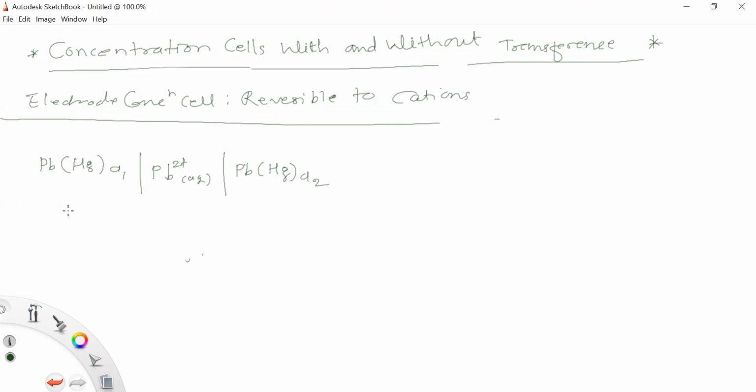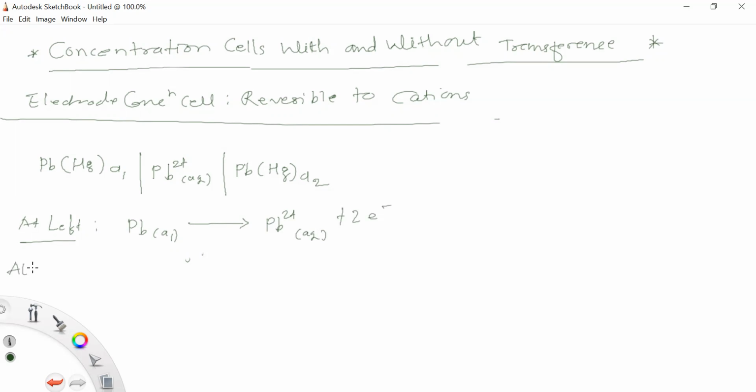So these are the half cell reactions. The half cell reaction at the left hand side, from this cell representation, is Pb of activity A1 converted to Pb2+ aqueous plus 2 electrons, right?